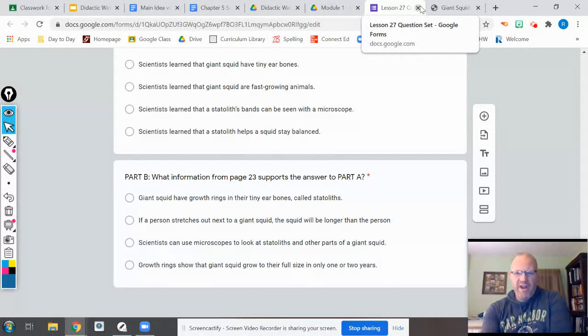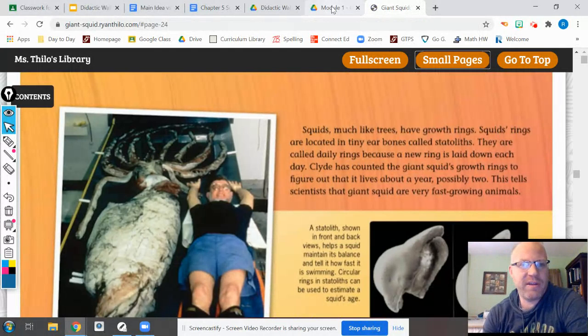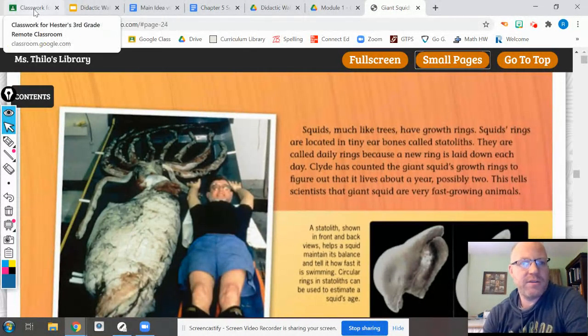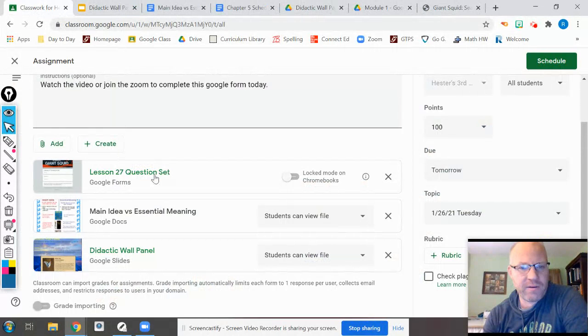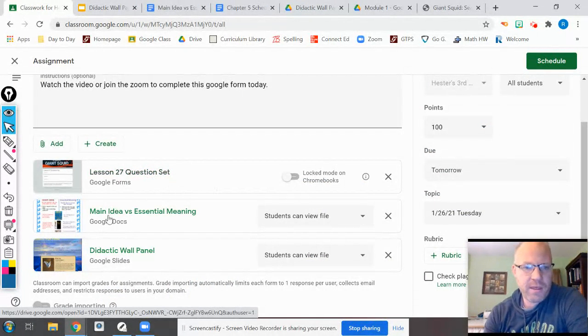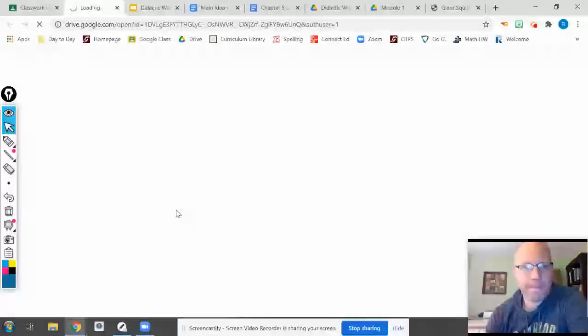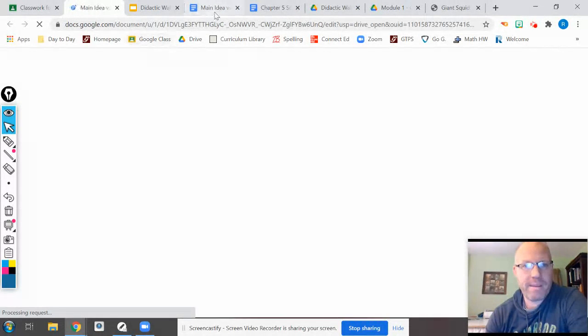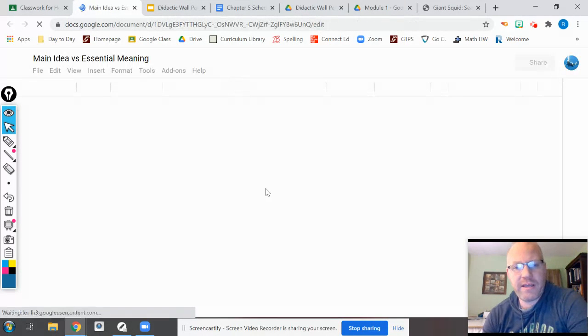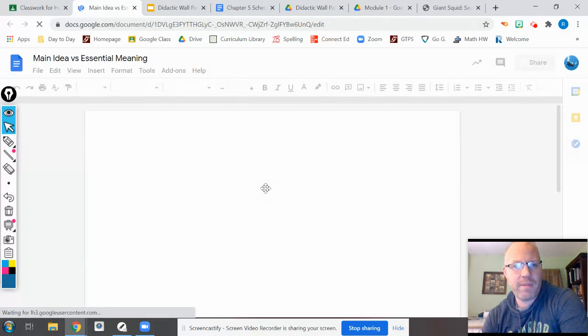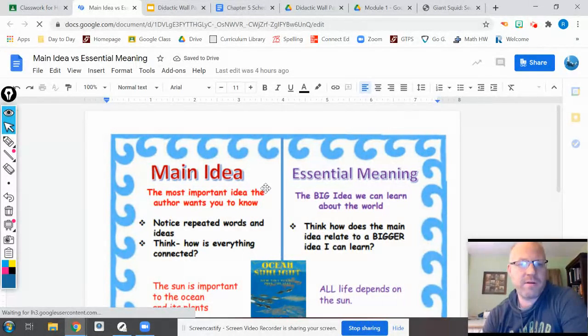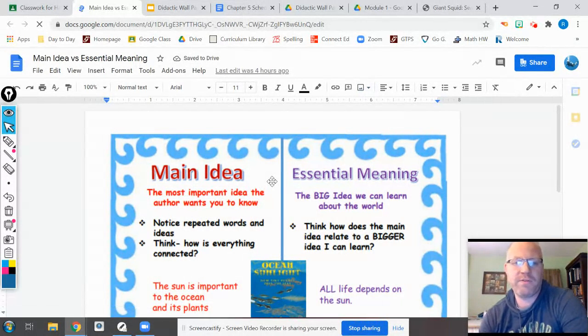And we're going to move on to the next activity. So now that you've done your question set and you've turned it in, you're going to open up the main idea versus essential meaning. The main idea versus essential meaning page is talking about how do we discern the difference between main idea and essential meaning.